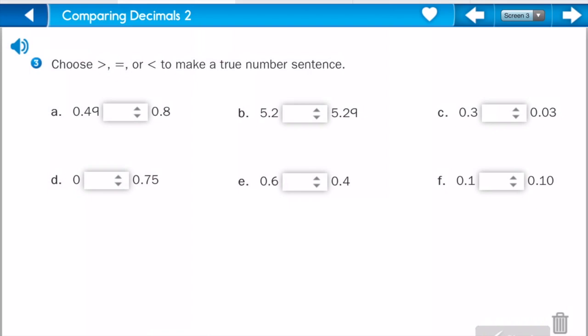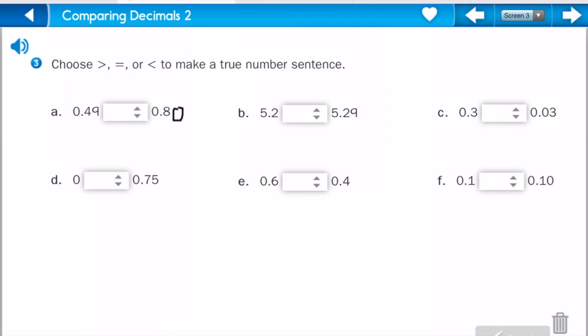All right, choose greater than, equal to, or less than to make the number sentence true. So let's do the first couple together, and then I'll let you do the rest on your own. So, sometimes what I like to do to help me is we're trying to decide, is 0.49 bigger or 0.8 bigger? I like to add a 0 to the end to help me look at the numbers.